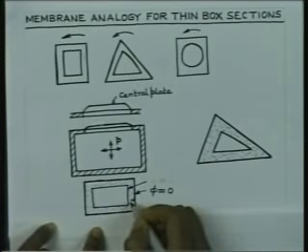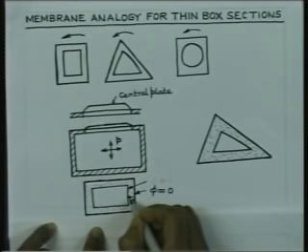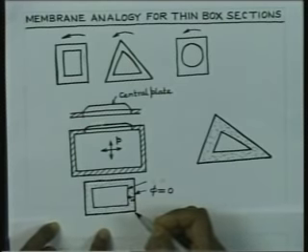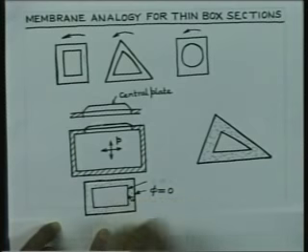By the same reasoning, there cannot be shear stress perpendicular to this boundary, because the surface, inner surface of the component is not subjected to any stresses, and therefore, there cannot be any shear stress perpendicular to this boundary. And if this shear stress cannot be present perpendicular to this boundary, the membrane deflection has got to be constant along this boundary.